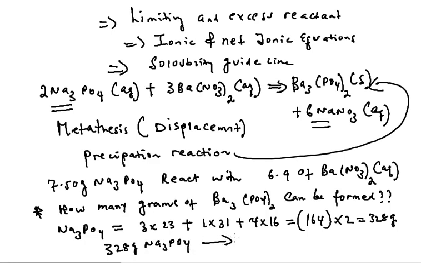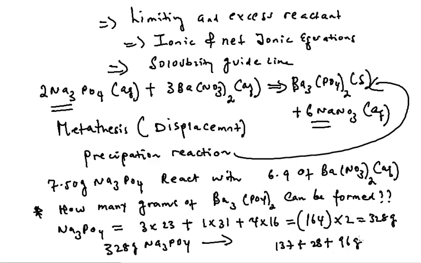So 328 grams of sodium phosphate react with barium nitrate. The molar mass of barium nitrate would be the mass of barium, which is 137, and the mass of nitrogen would be 14, but 14 times 2 would be 28, and the mass of oxygen is 16. 3 times 2 is 6, 6 times 16 would be 96.